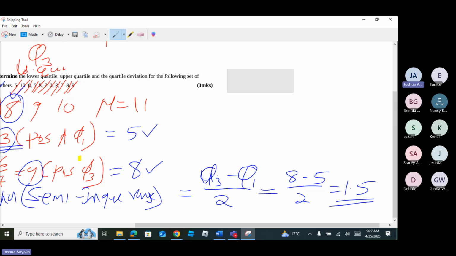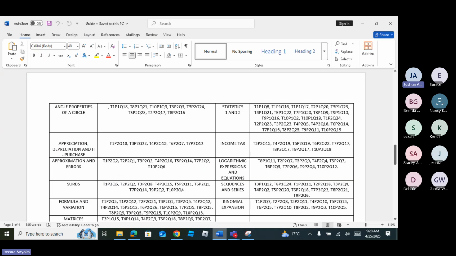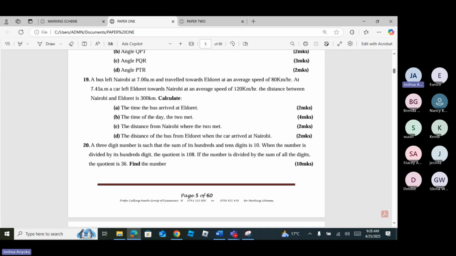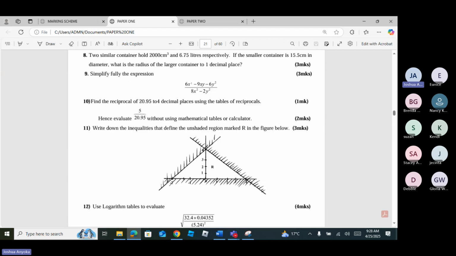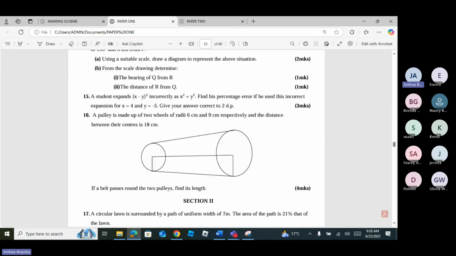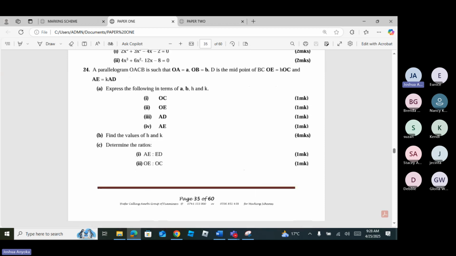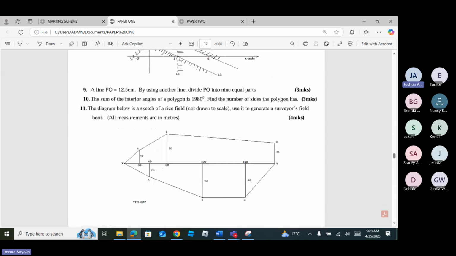Let us see whether we can get another one, and then you try your paper. Trial 8, Paper 1, question 9. Let us see what it is saying.